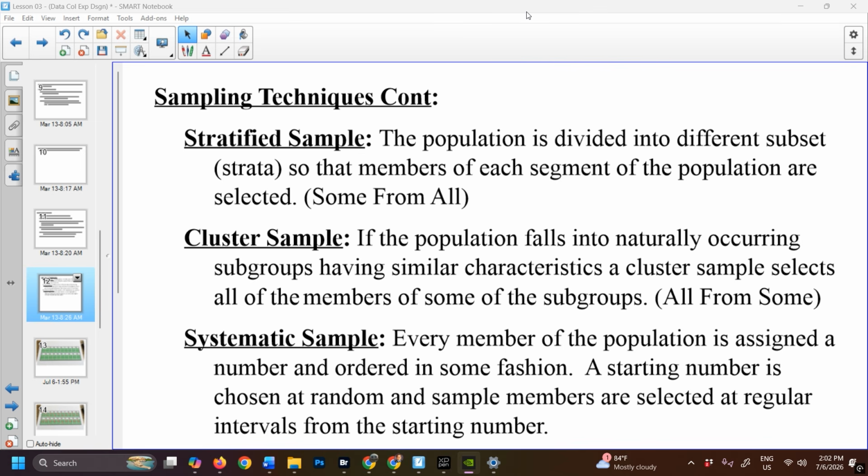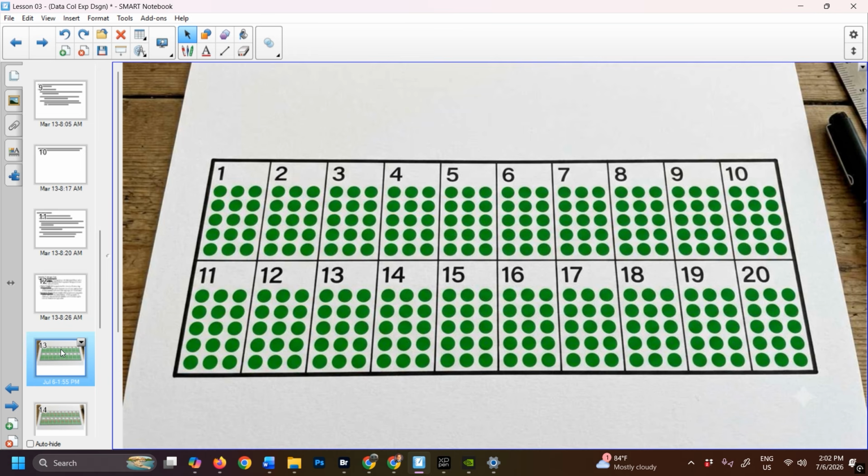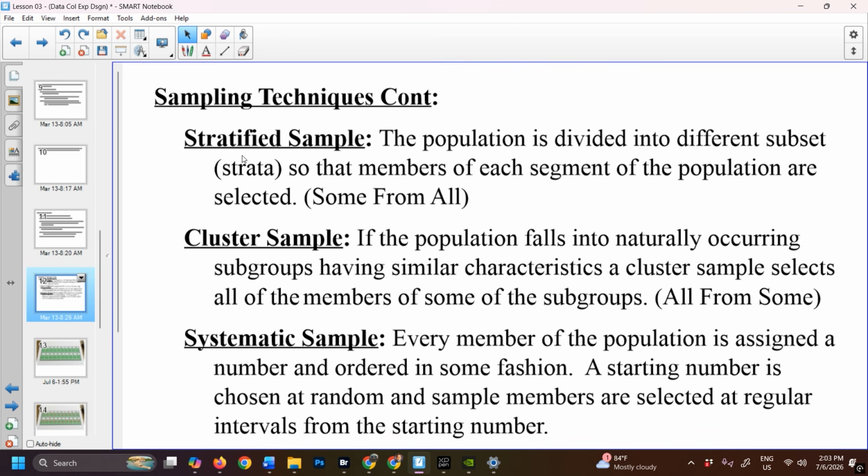So I know that those are similar, so let me give you a visual example to try and make this make a little bit more sense. In both instances, the stratified sample and the cluster sample, the population falls into little subgroups. Here I have a population of 20 subgroups, and each of those 20 subgroups has 15 members. In a stratified sample, we're taking some of the population from all of them.